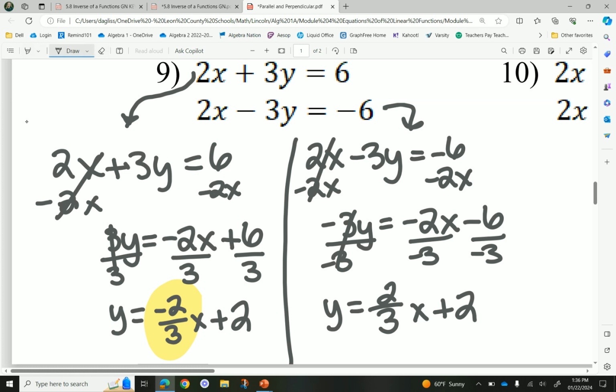Okay. What is my slope for this one? 2 over 3. Yeah, good. It is neither, but why? Well, one's negative, one's positive. That's good.